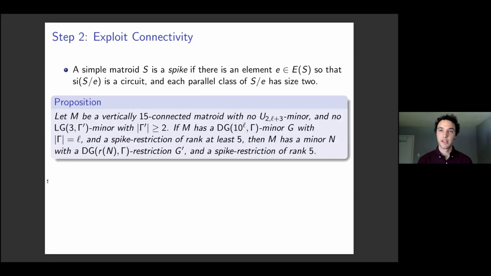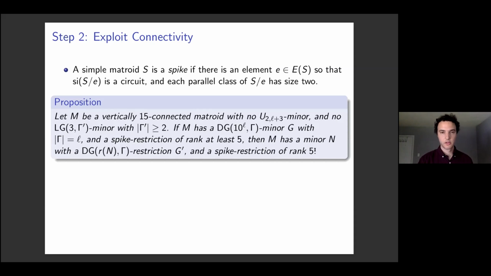Then, if M has a large rank Dowling geometry minor G over a group of size L, and a spike restriction of rank at least 5, then M has a minor with a spanning Dowling geometry restriction G prime over gamma, and a spike restriction of rank 5. And the reason we have this rank 5 condition is that spikes of rank at least 5 are non-Dowling. Okay, so that's key. We're not happy with a spike of rank 3 or 4.